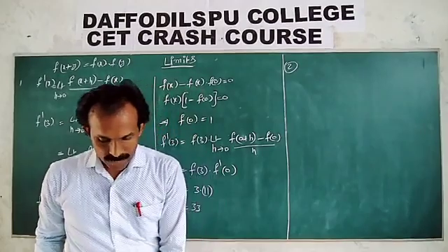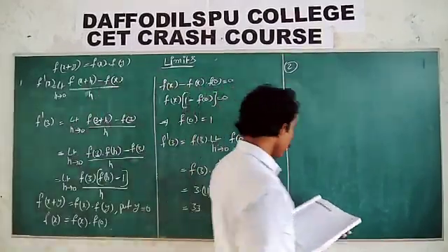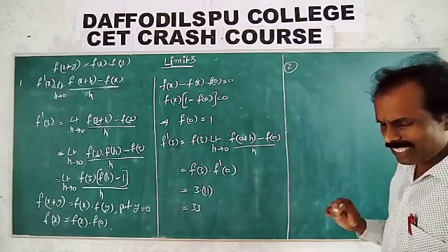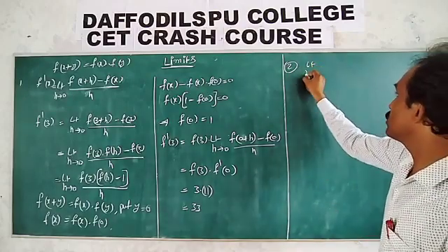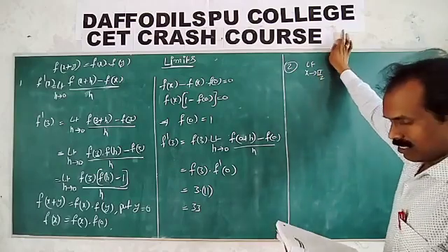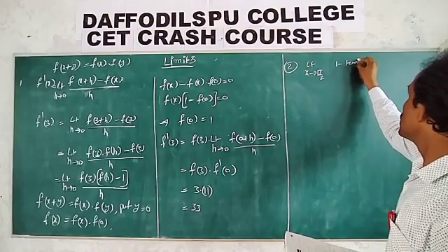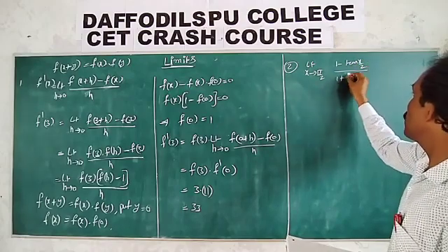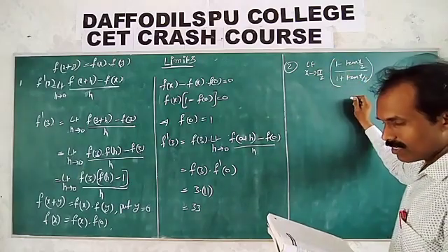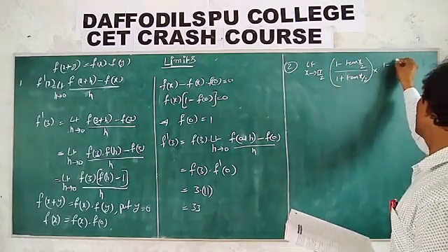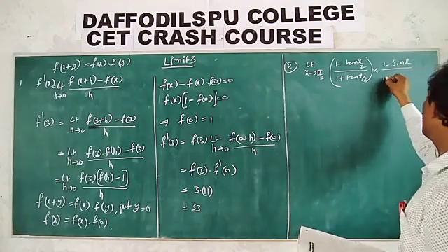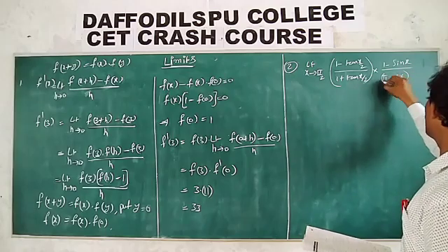Right. Second problem. Limit x tends to pi by 2, (1 minus tan x by 2) by (1 plus tan x by 2), treated as one term, into (1 minus sin x) divided by (pi minus 2x) whole cube.